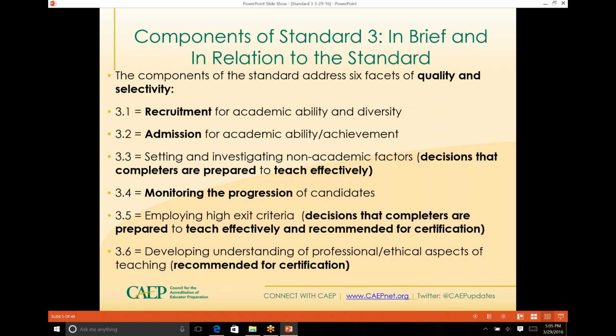Then, once you've admitted them, are you monitoring these candidates as they progress through your programs? Are you employing high exit criteria? These are the decisions that completers are prepared to teach effectively and recommended for certification. You'll see a lot in this component about candidate evidence of impact on P-12 learning and development. And then finally, do they have a deep understanding of the professional and ethical aspects of teaching such that you can recommend them for certification?